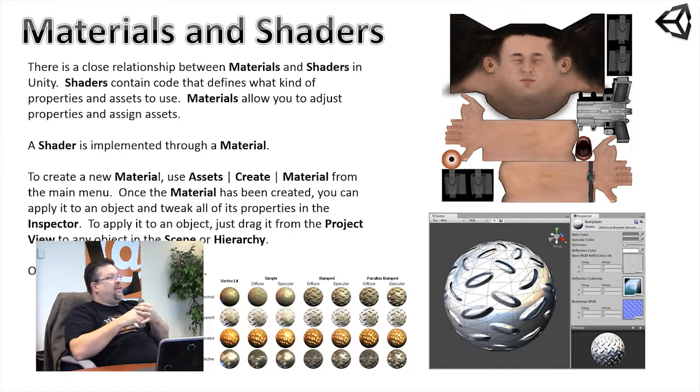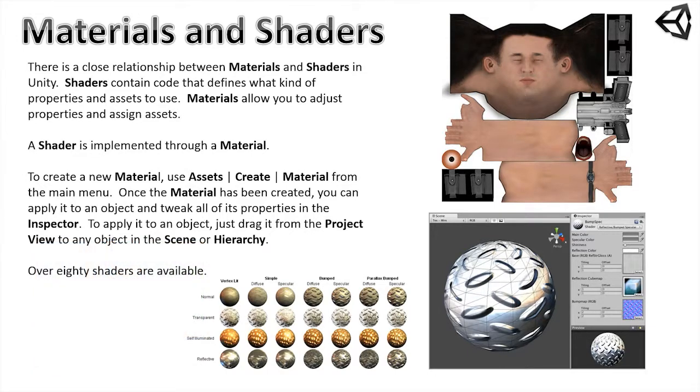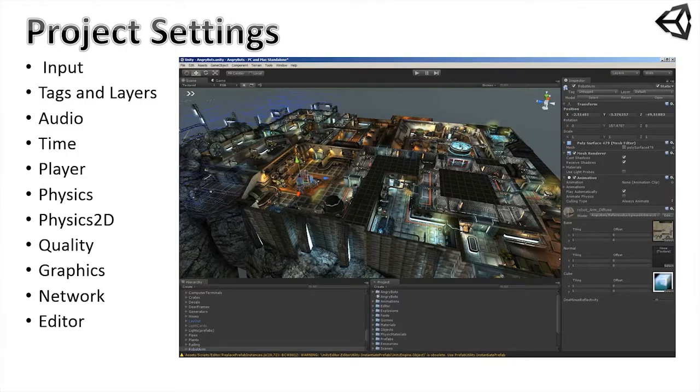There are over 80 shaders available from Unity itself, and then you can download or purchase custom shaders through the asset store to whatever you want. So from a standpoint of shaders and materials, Unity is the first place I go, but then Daz Studio is probably the second choice I would go to from a 3D modeling perspective.